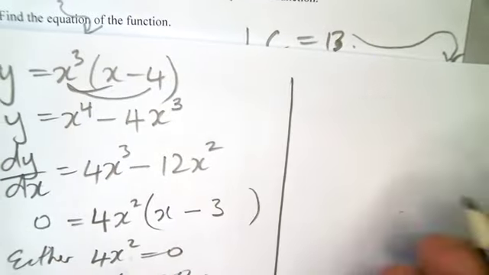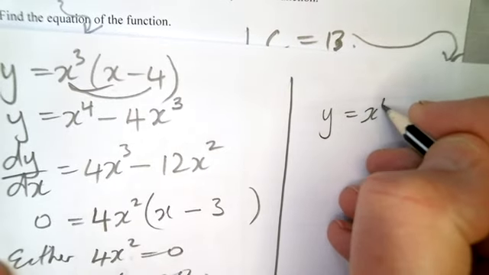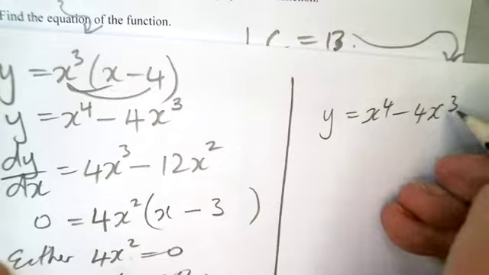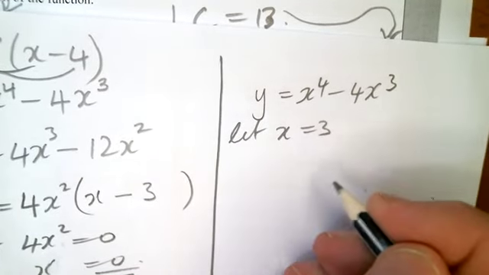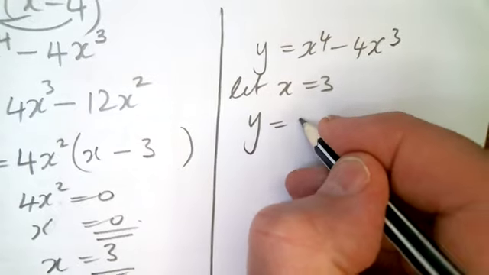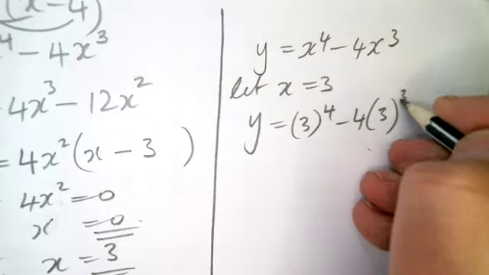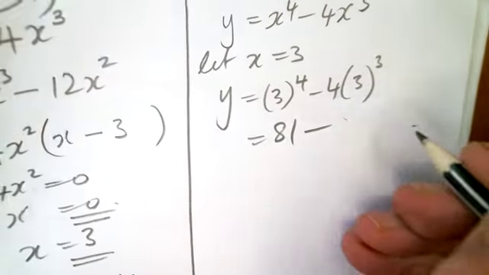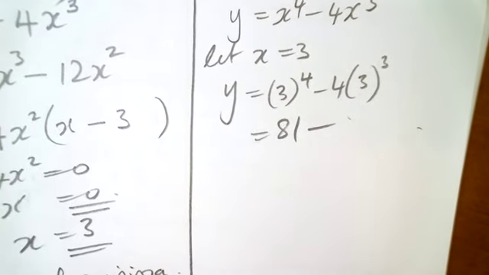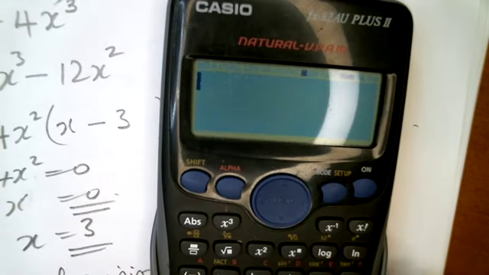So I'm going to say y is equal to x to the 4 minus 4x to the 3. We're going to let x equal 3. So y is equal to 3 to the 4 minus 4 times 3 to the 3. So 3 to the 4 is going to be 81. 3 to the 3 is 27. And 4 times 27, well, that's a very interesting number.